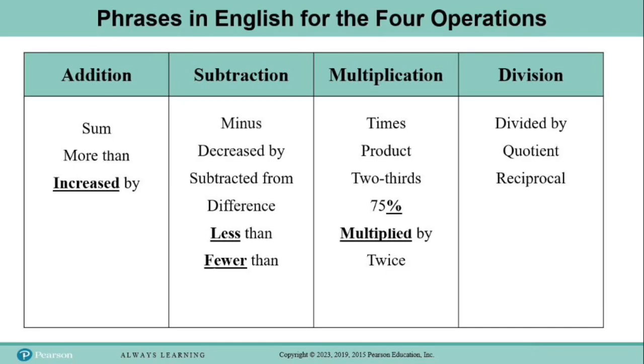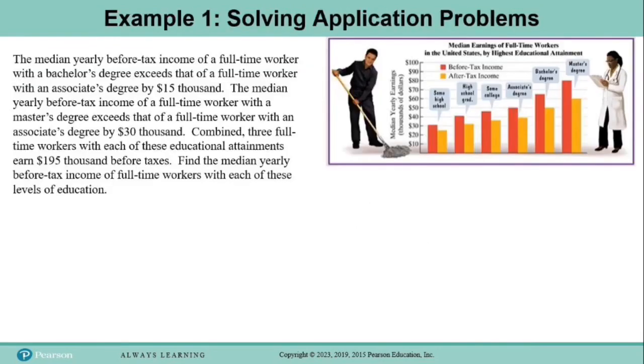Okay, let's look at an example. So this is example 1, and it says the median yearly before-tax income of a full-time worker with a bachelor's degree exceeds that of a full-time worker with an associate's degree by $15,000.